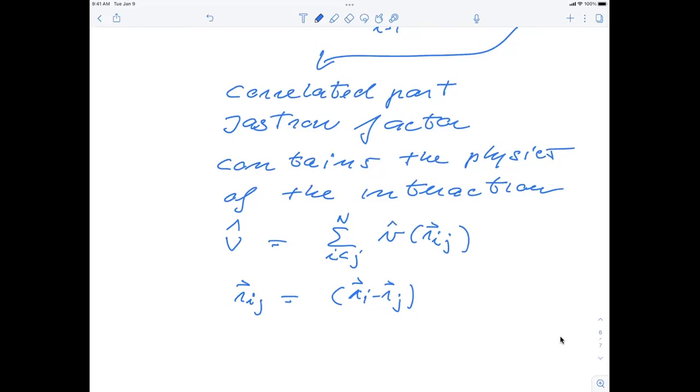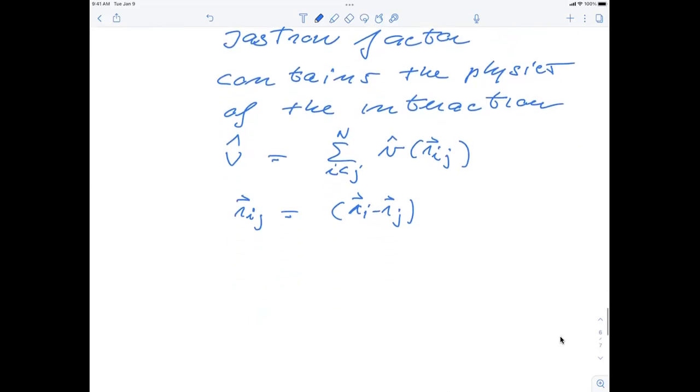And I would normally put it like this because the hat is meant to represent an operator. And typically the type of potentials which we end up with, so this V hat of r_ij, is normally proportional to some kind of constant gamma divided by the absolute value of the relative distance.